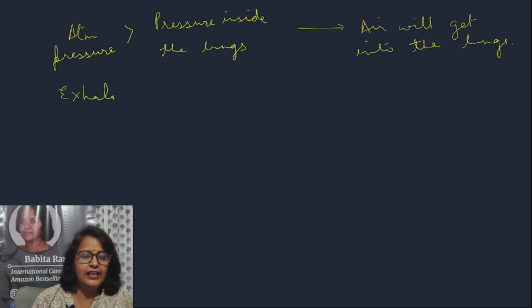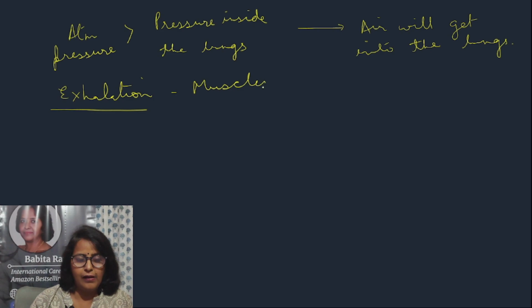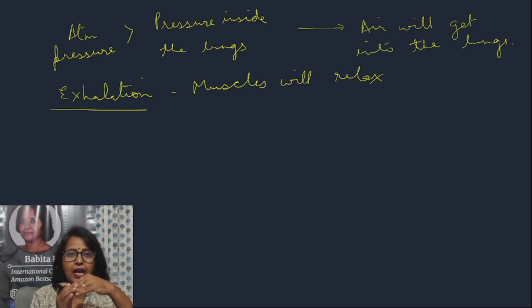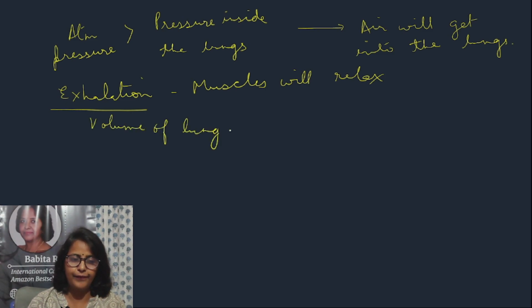Now in exhalation, what will happen? The muscles will relax. If muscles relax, what is going to happen? The diaphragm will regain its shape. It will again become dome shaped, and the rib cage will be pulled inwards and downwards, because of which the volume of the lung will decrease.